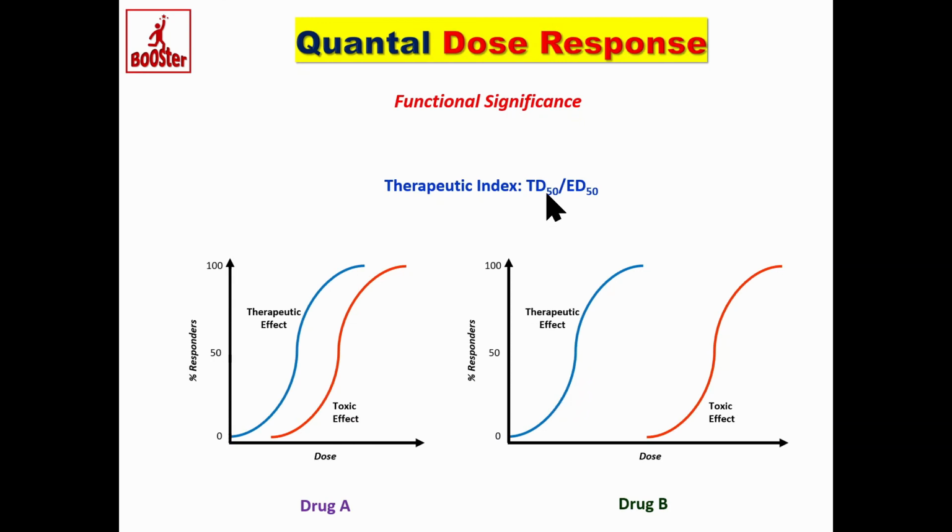So if you divide the TD50 by the ED50, in this case you're going to get a larger number compared to drug A. Based on this, you can see that drug B has a greater safety margin compared to drug A.